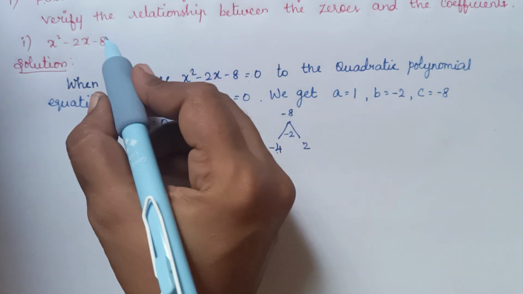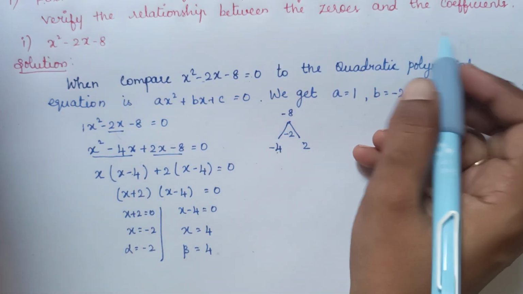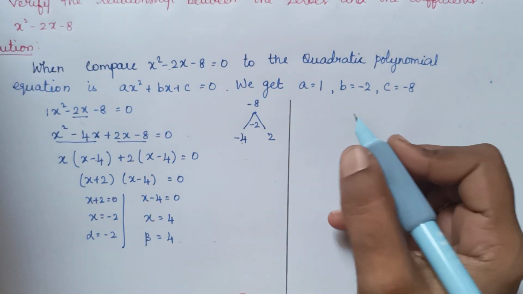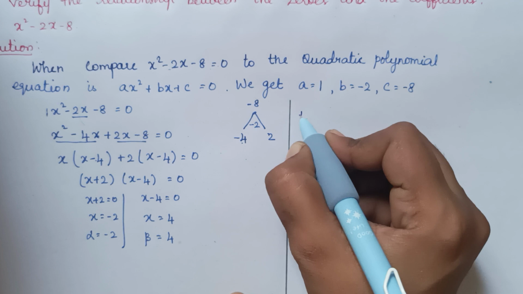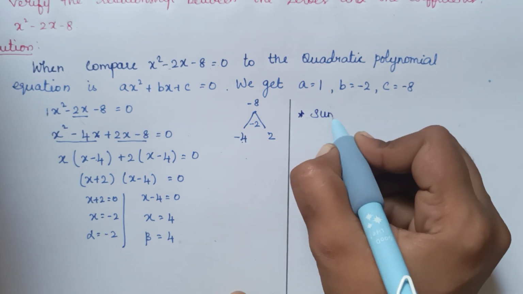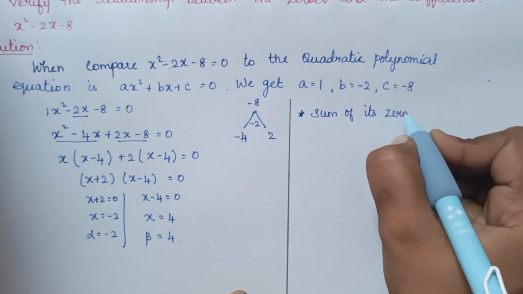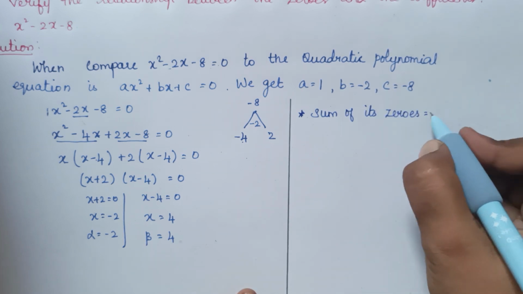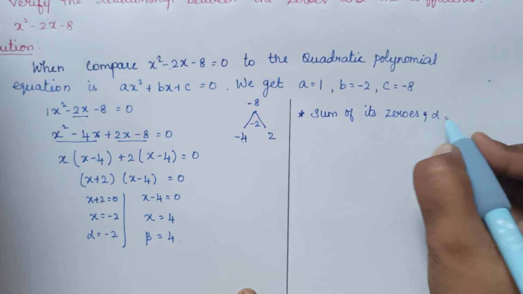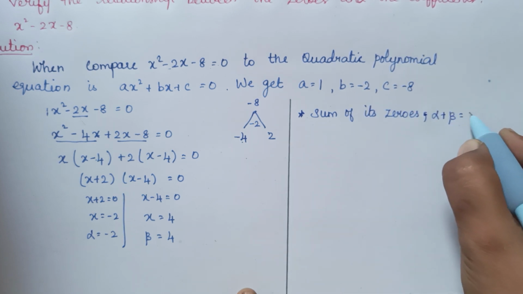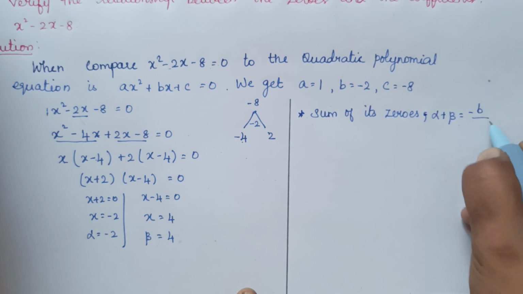We want to verify the relationship between the zeros and the coefficients. The first relation is the sum of its zeros. Sum means plus, right? So alpha plus beta is equal to minus b by a.